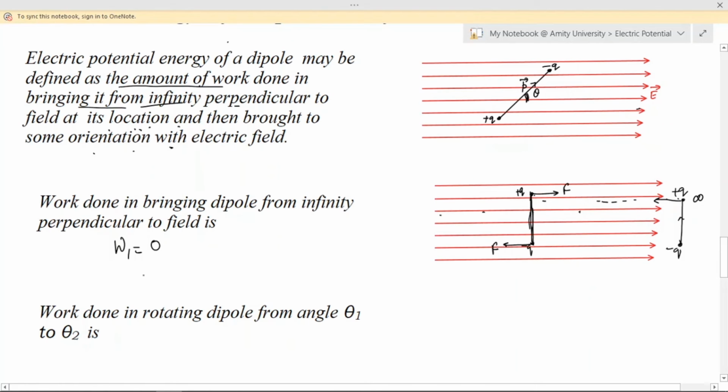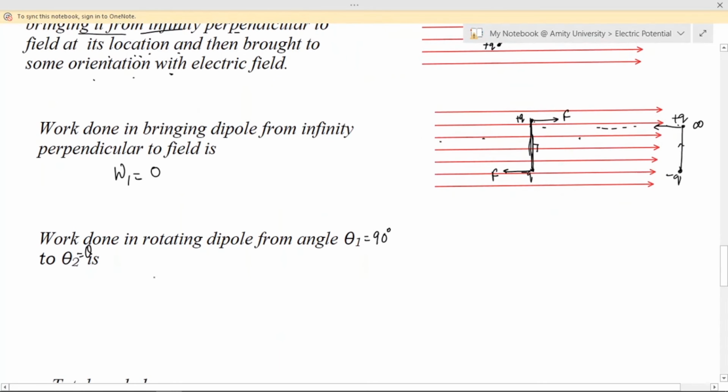Now next, from theta 1 to 90 degree. Initially you see theta 1 will be equal to 90 degree. So work done in rotating a dipole from angle theta 1 equals 90 degree to theta 2 equals theta. Let's say the required angle is this theta.